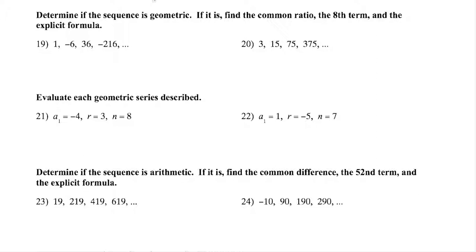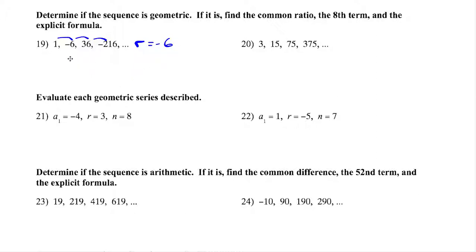Now, Unit E, we talked about sequences, so geometric sequences. So we want to find out if these are geometric sequences or not. The geometric sequence is when we are multiplying by a common number. So here, because we're multiplying by -6 each time, we get that the common ratio is equal to -6.